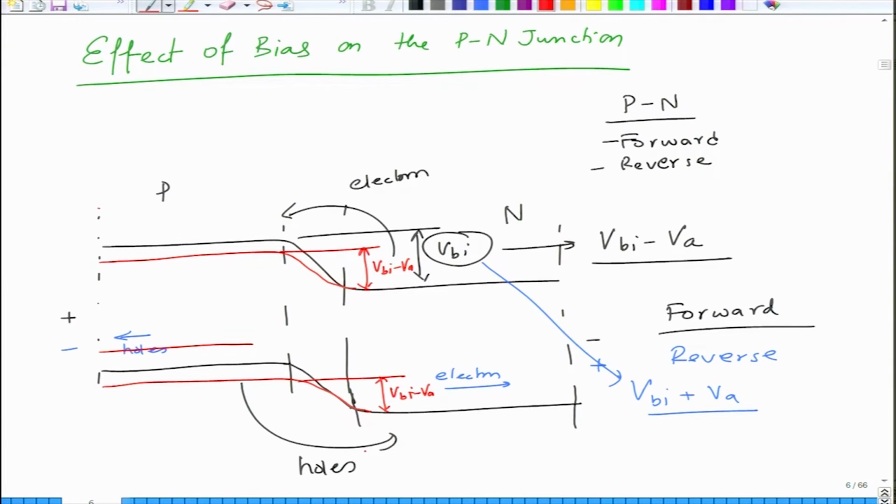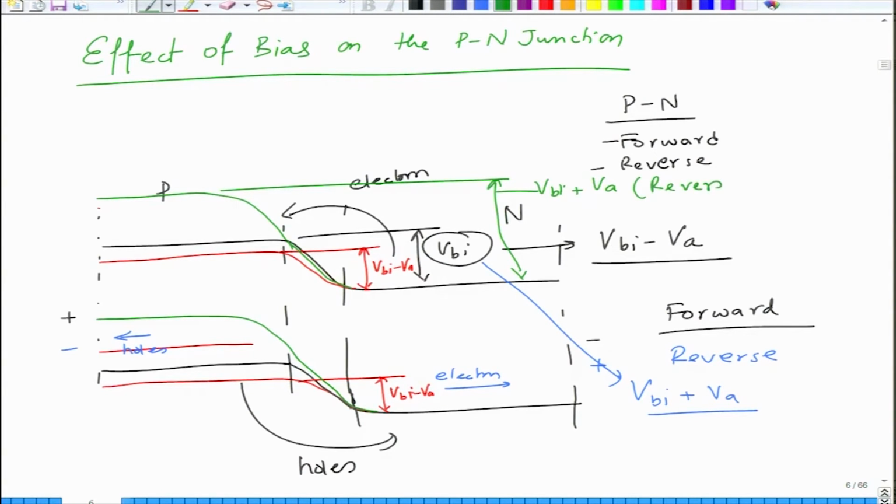All right. In case of reverse bias, it will become more like this. So essentially your barrier has become VBI plus VA. So, this is reverse bias and this is forward bias.